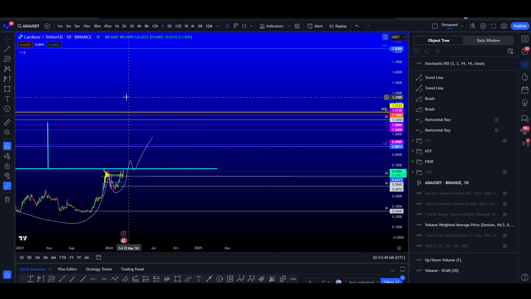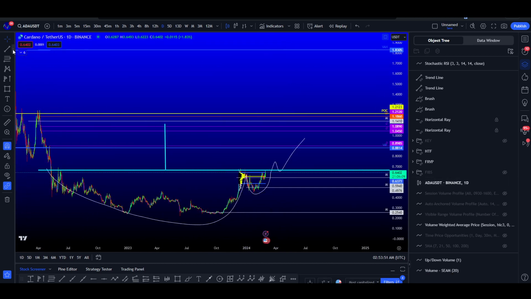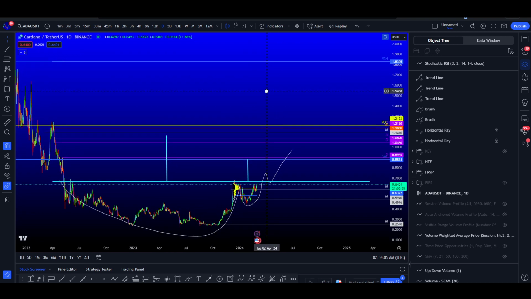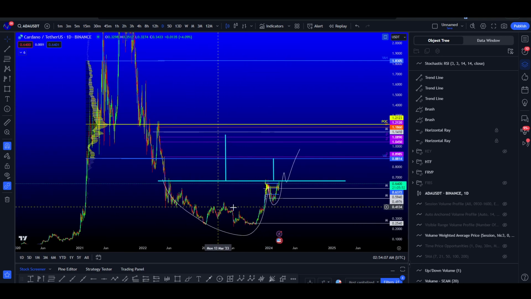Now you can do the same thing for this handle right here, right? So you have the lows, go to the top, and then you can see that extension, it's almost like a one-to-one extension, leads you right into the value area low, which will be the first resistance after we get out of this cup and handle pattern here, right?